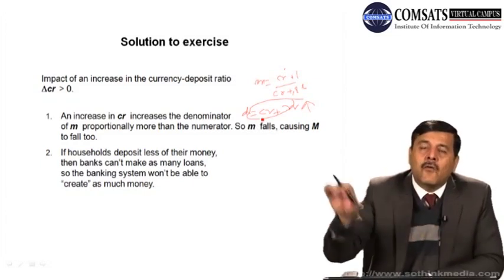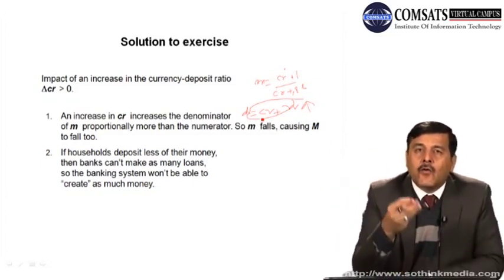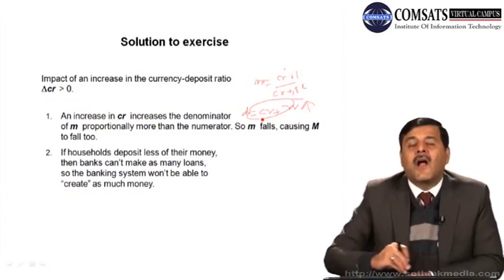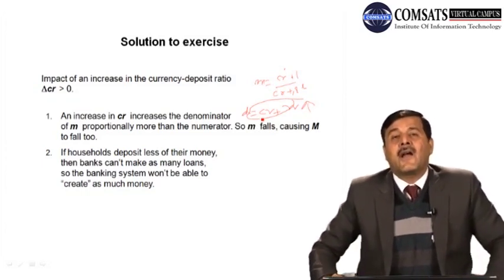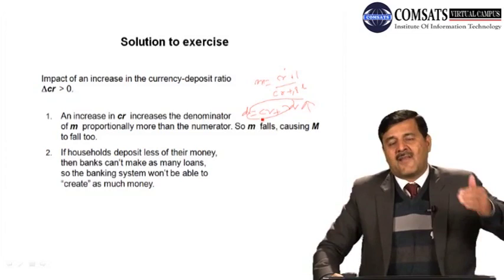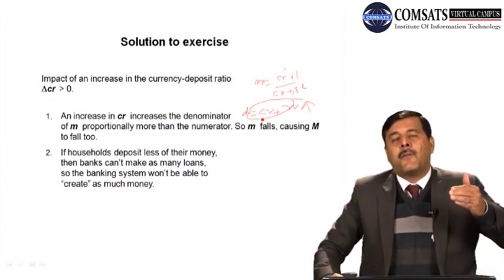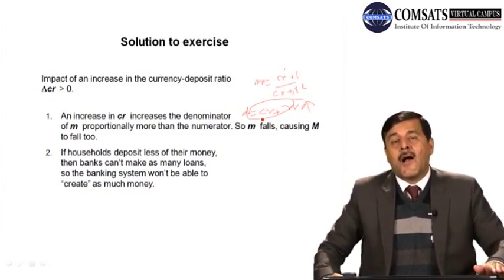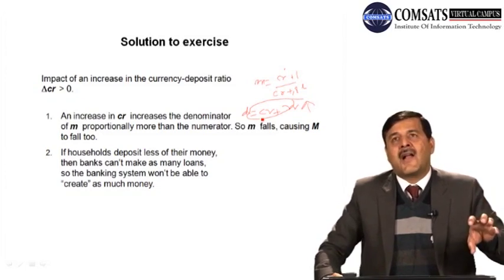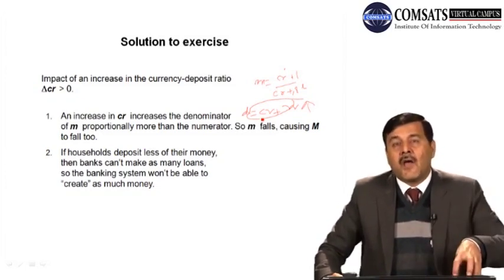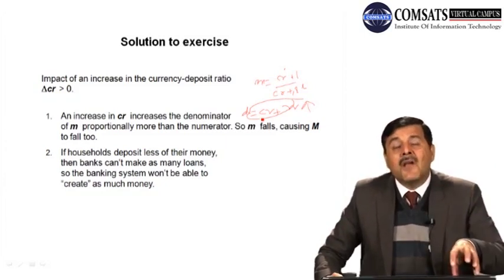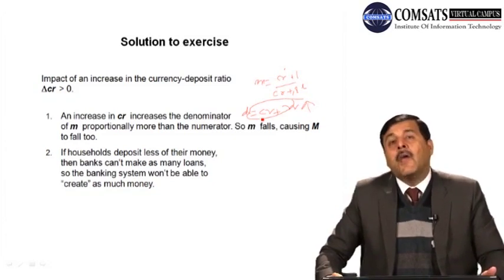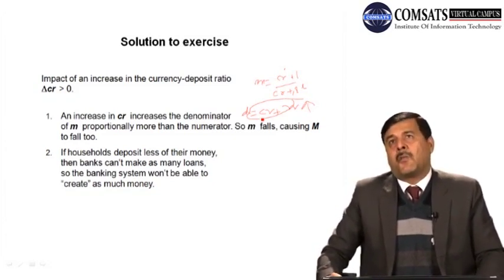So money supply will also fall, right? So what we said is that if there is an increase in the currency deposit ratio, that is, if households keep more money with themselves and have less deposits in the banks, then the money multiplier, small m, will fall. When the money multiplier falls, the overall money supply in the economy will also fall.